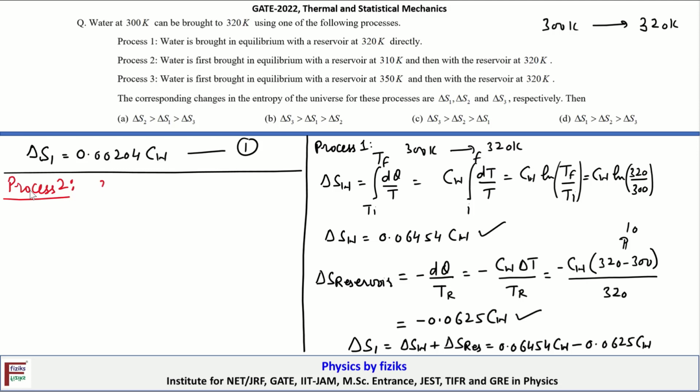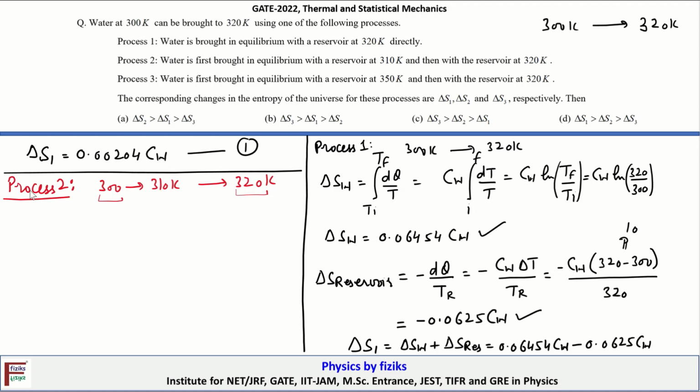So it takes place in 2 steps: first 300 to 310 Kelvin, and then in the next step from 310 Kelvin to 320 Kelvin. If you take a look at the initial and final equilibrium states of the water, they are the same: initially at 300 Kelvin, and finally at 320 Kelvin. So the entropy change for the water is not going to be different compared to the previous case. It's going to be the same.